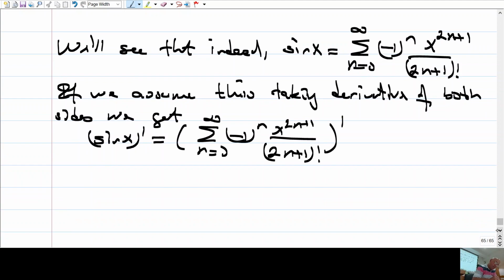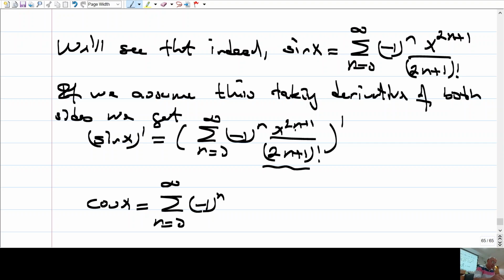The derivative of sine is just cosine x, and the derivative of this, well, we stated that it is just term-wise differentiation. So I just need to take the derivative of this expression. 2n plus 1 comes down, right? When you take the derivative, you decrease the power by 1, so you get x to the power 2n divided by (2n+1) factorial.